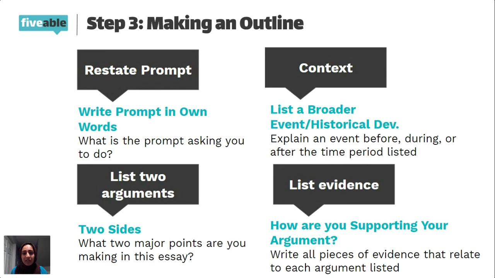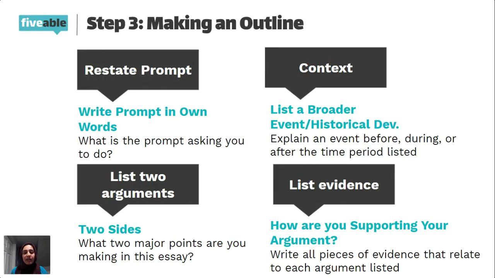So second, a point on the LEQ portion of the exam is context. That's basically listing a broader event or historical development that's before, during, or after the time period listed.